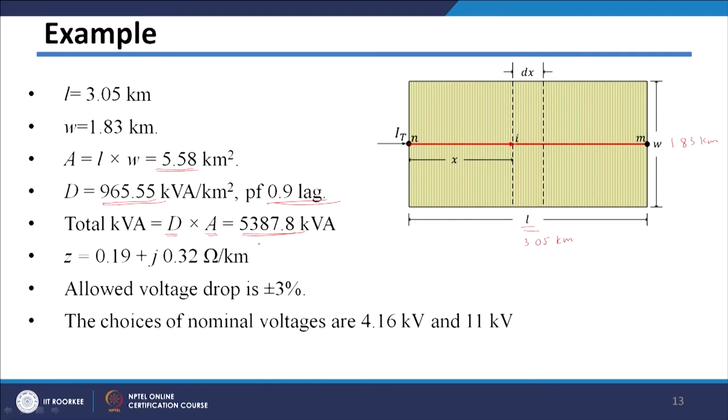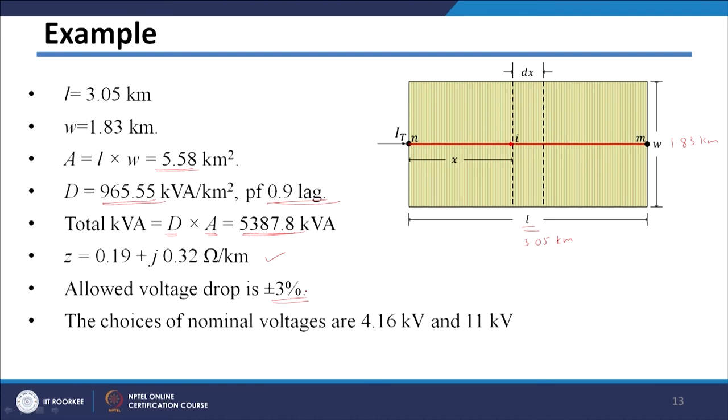Let us say the impedance per kilometer is 0.19 plus j 0.32 ohms, and the allowed voltage drop limits are plus minus 3%. So, we can allow only plus minus 3% variation in the voltage with respect to different loading conditions.